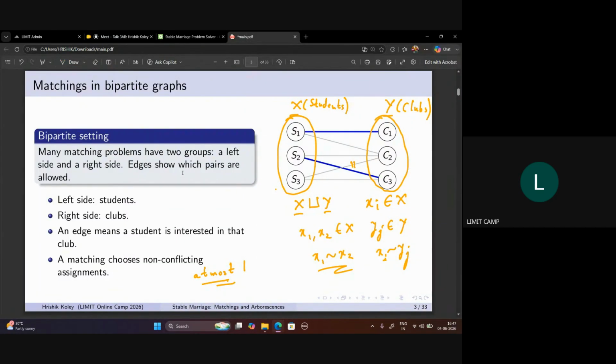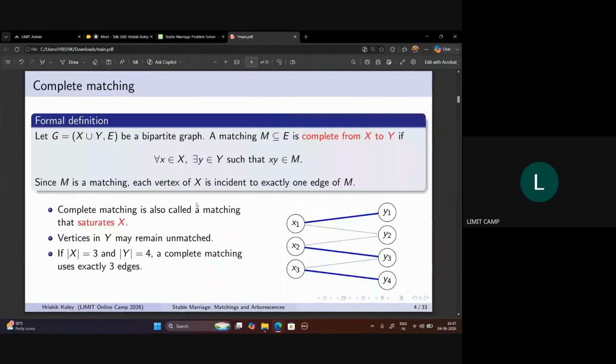Moving on, let me define what a complete matching is. Let's keep it simple for the beginning. Say you want a complete matching for all the vertices in this set X. A matching has to be a subset of the edge set, because a matching consists of edges.